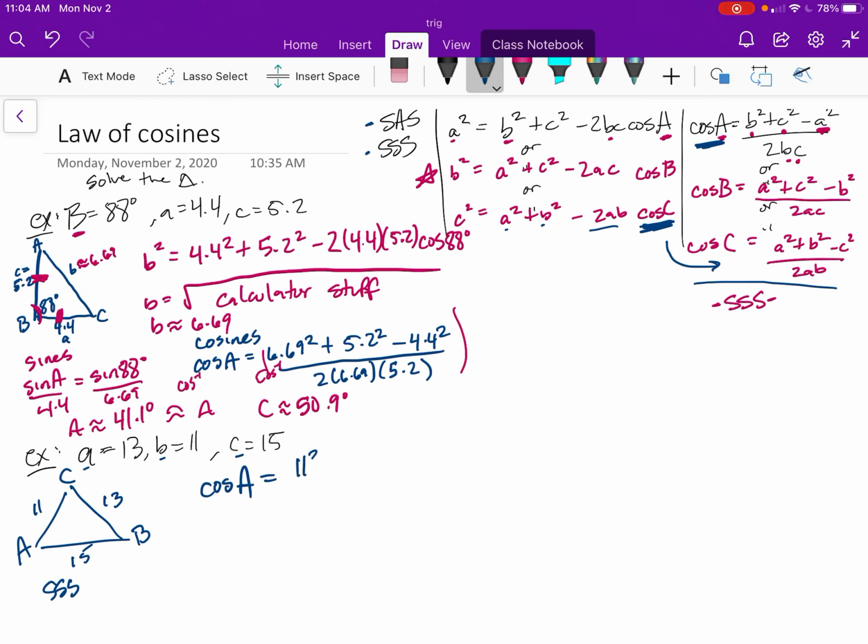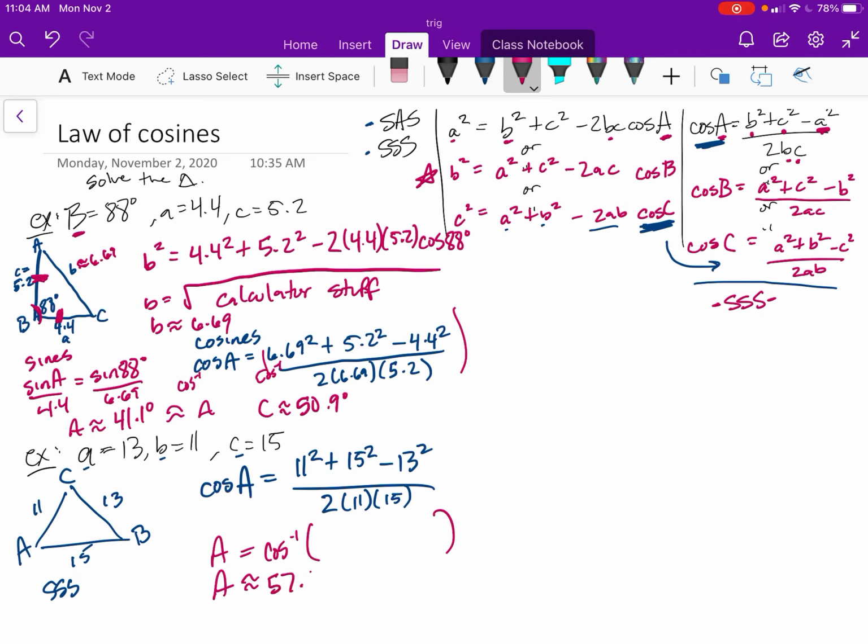B squared, 11 squared plus 15 squared minus A squared, so minus 13 squared, over 2 multiplied by 11 multiplied by 15. Okay, again, you'll put all that in the calculator, but then we need the cosine inverse of whatever that yields, which I don't have handy. That's all right. Make sure when you use your calculator that you get 57.6 approximately for A.